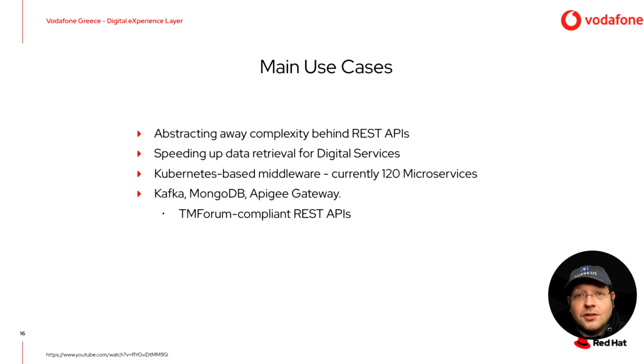They mainly wanted to, again, manage complexity, this time by putting it behind simpler journey-driven REST APIs. They also wanted to make sure that the data retrieval service is insanely fast. Everything needed to be Kubernetes based because the load is really unpredictable and needs to scale very quickly according to needs.